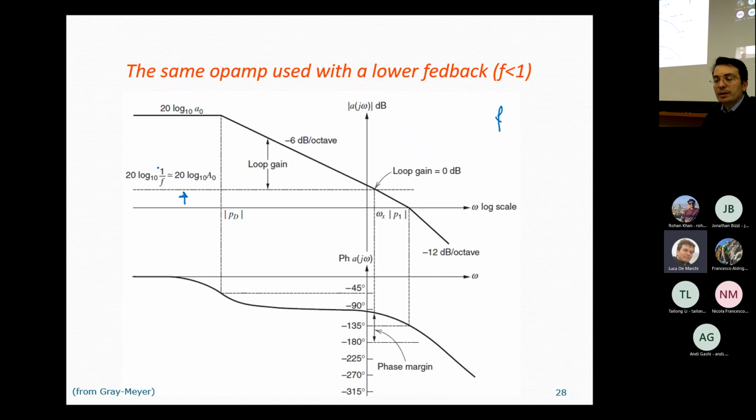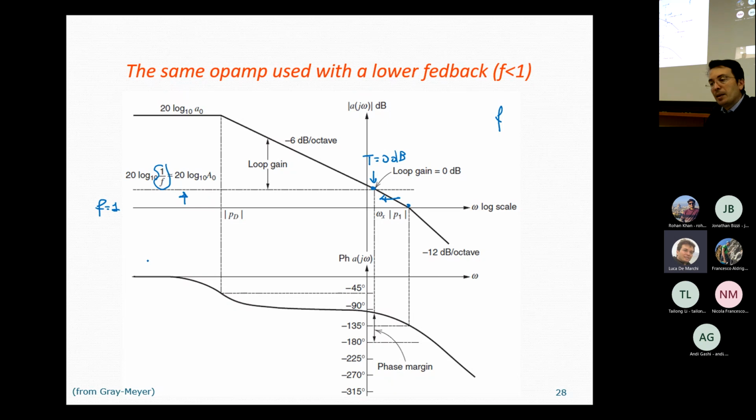This dashed line is moved upward because this dashed line corresponds to 1 over f. So if we are decreasing the denominator, we are increasing the global transfer function. If we are moving up this line, this means that the T equal to 0 dB point occurs at a slightly lower frequency with respect to the previous condition in which f was equal to 1.